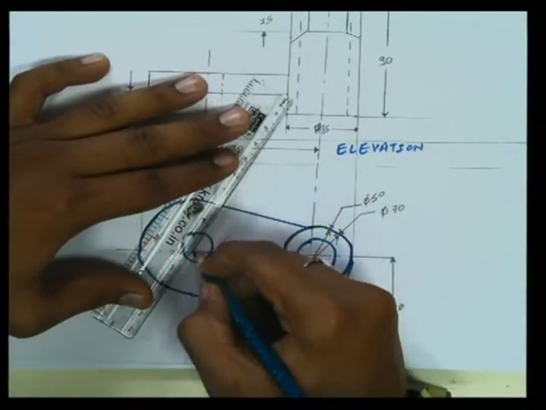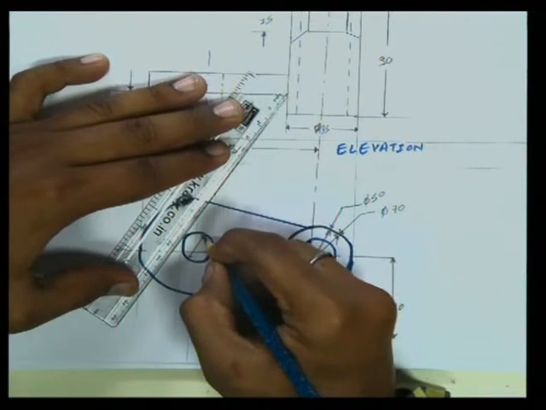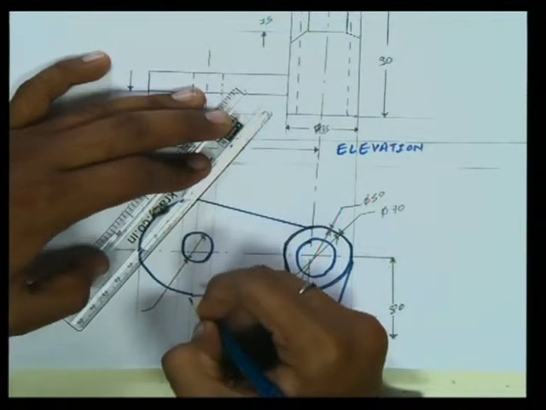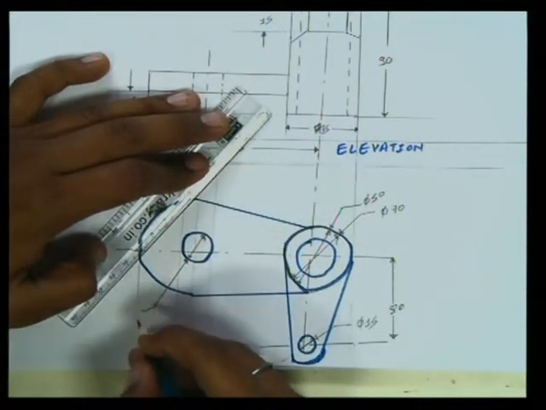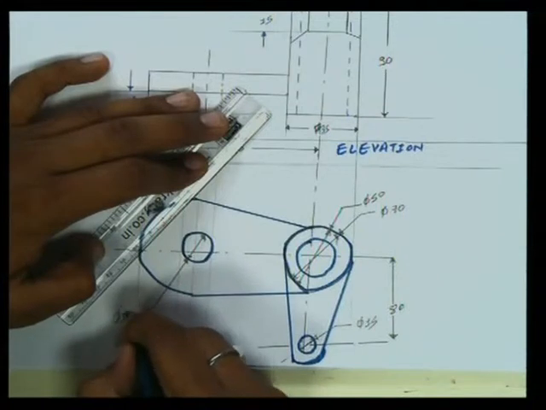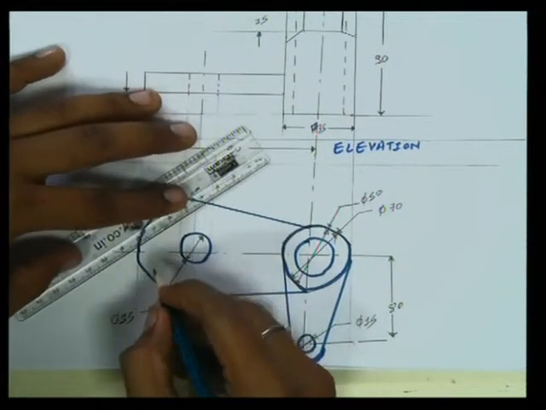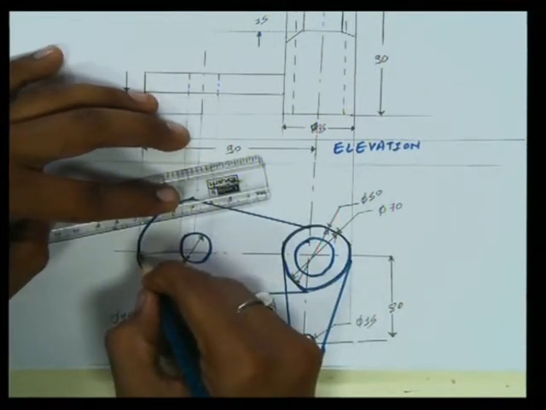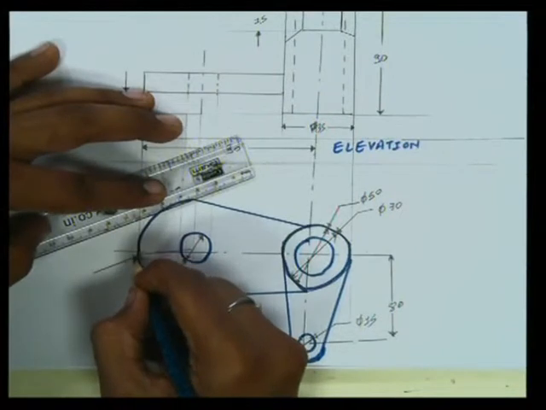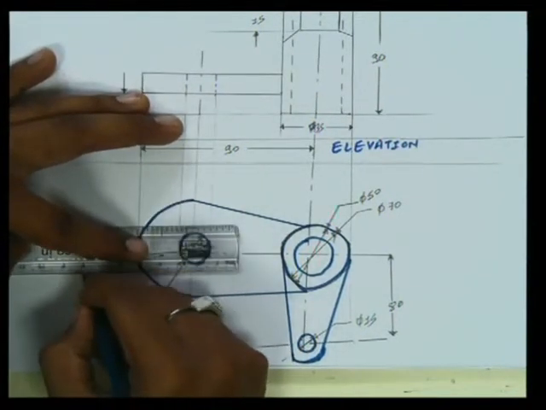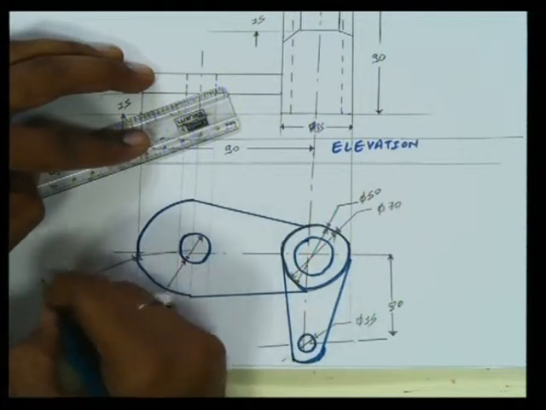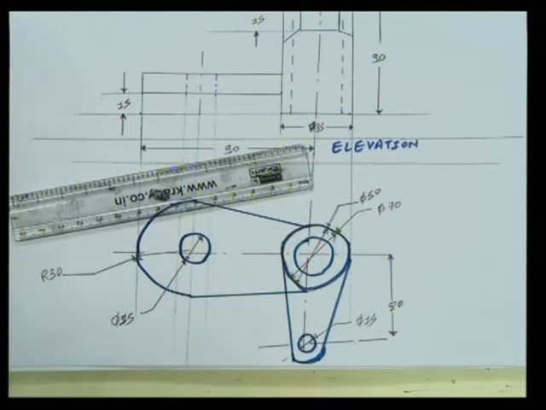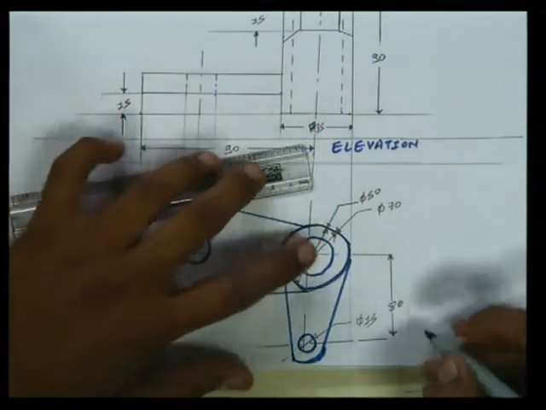We'll give these 2 dimensions also. This is diameter 15. R30. So this would be our top view.